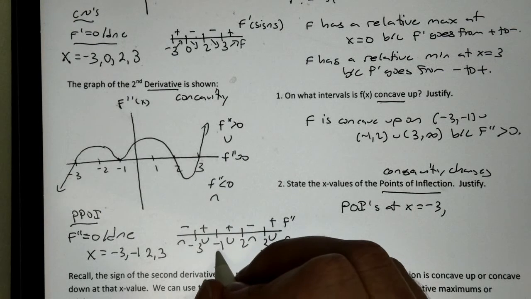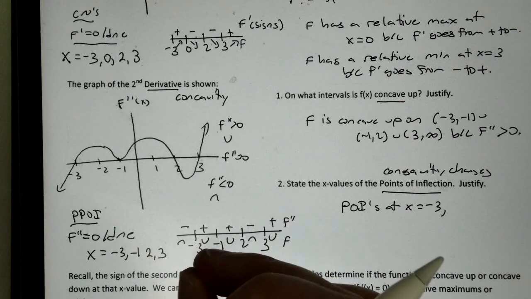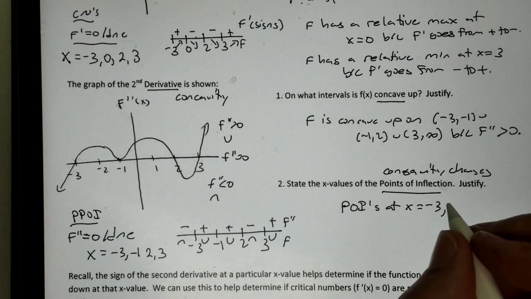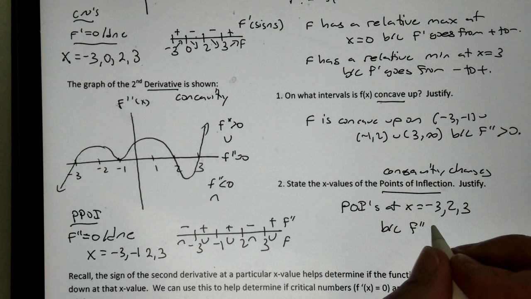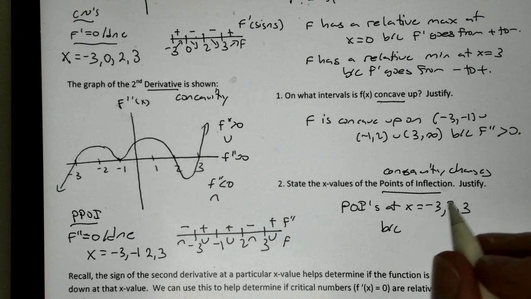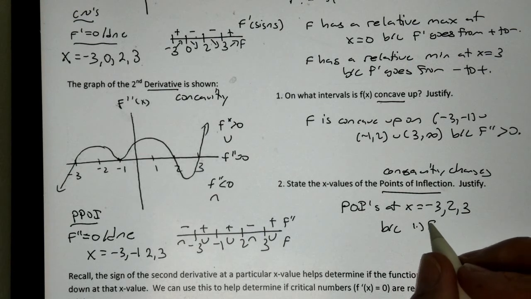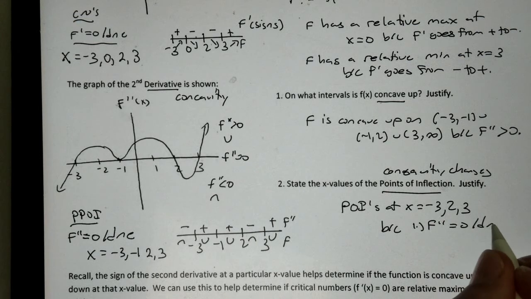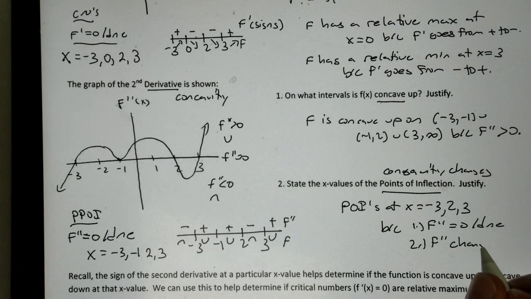Be careful, -1 was a possible, but notice it goes from positive to positive, so concave up to concave up, so there's no change there, so I'm not going to count that one. 2 and 3, and that is because, one, the second derivative is 0 or DNE, and two, the big one, the second derivative must change signs. It changes signs. And there's our answer right there.